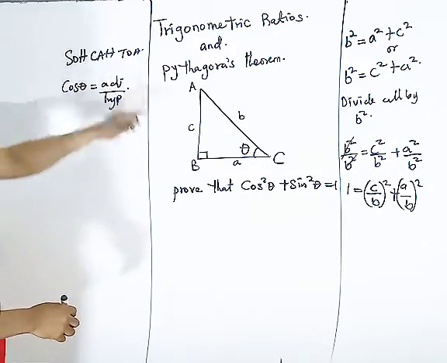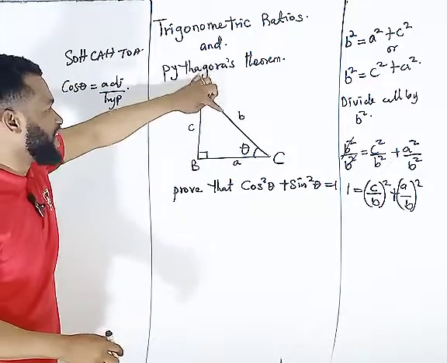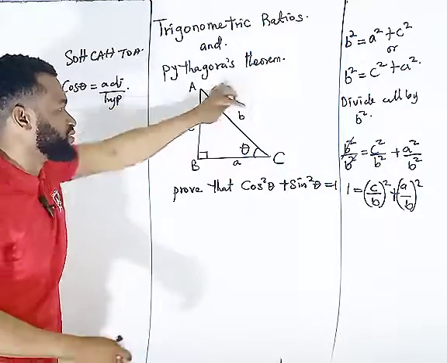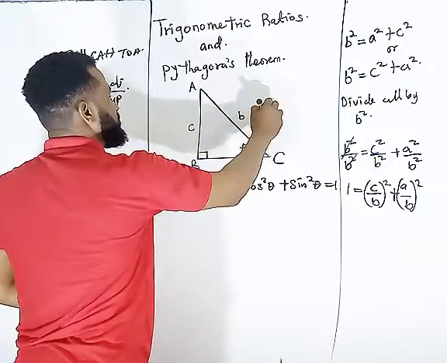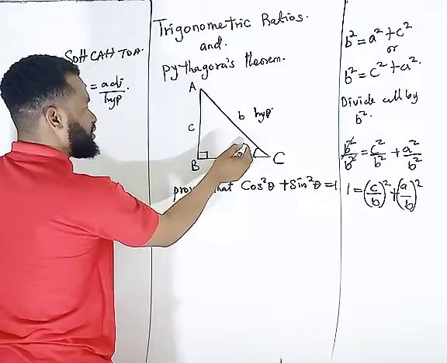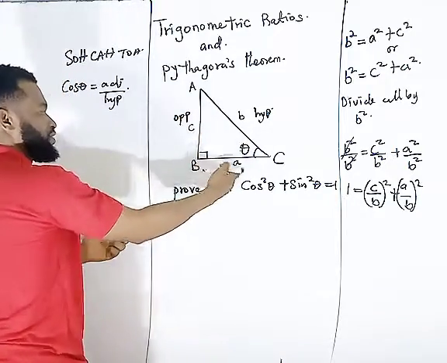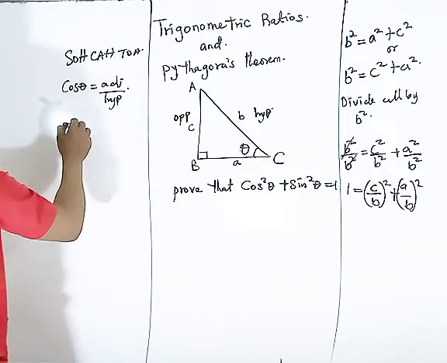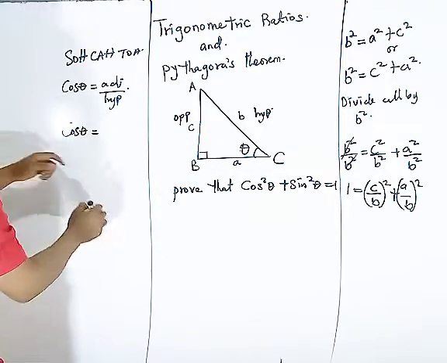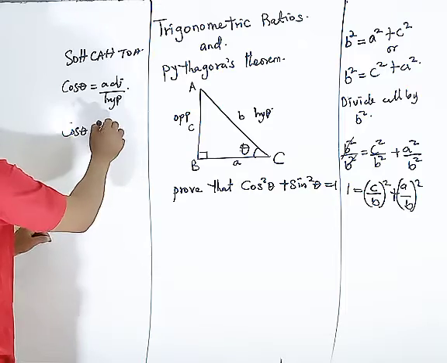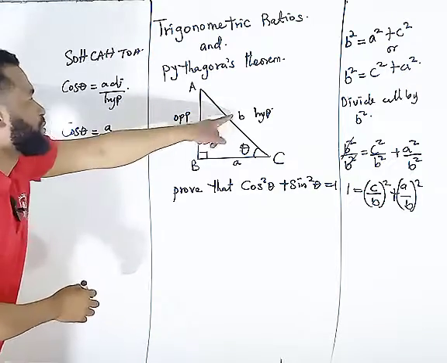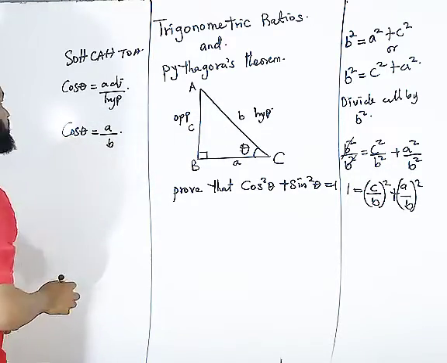What is adjacent? This is the angle. The side facing angle 90 is called hypotenuse. So this is hypotenuse. The side facing this angle is called opposite. So of course, this should be the adjacent. Therefore, cos theta is adjacent, which is A, all over hypotenuse, which is B, right?